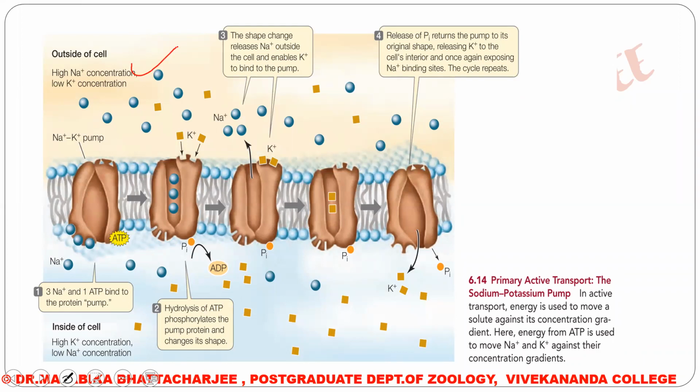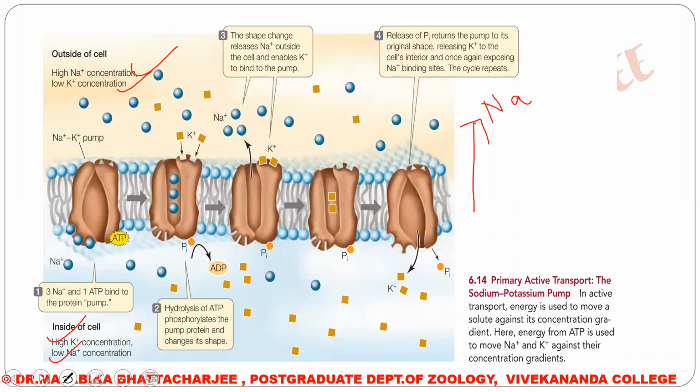First, you check the concentration of sodium and potassium: a low potassium on the outside, and a high potassium concentration inside and a low sodium concentration inside. Now, you can see by the movement of the pump that it will move sodium out. So we have a higher concentration of sodium outside.